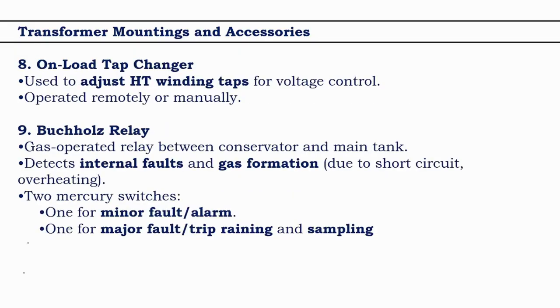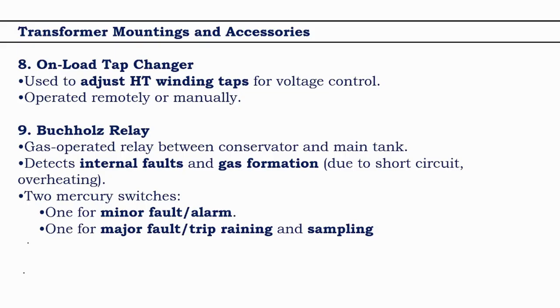What is an on-load tap changer? We call it OLTC, which is used to increase the voltage levels depending upon our requirement, under load conditions, using RTCC, remote tap changing control. So OLTC is connected with the RTCC. In RTCC, we set the required voltage.